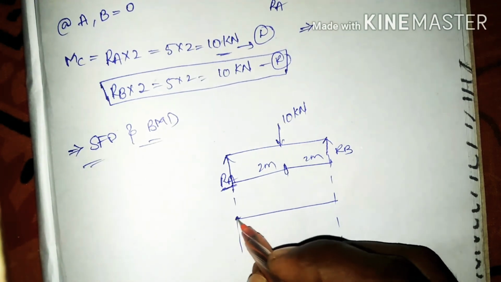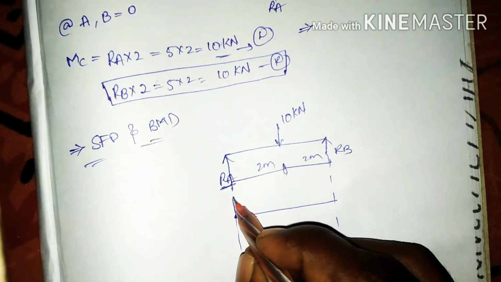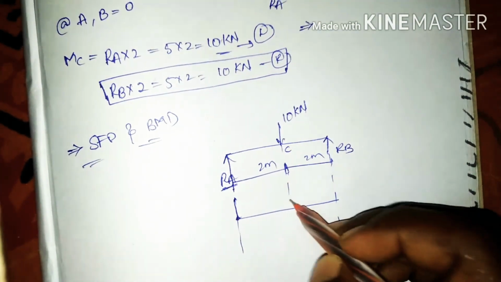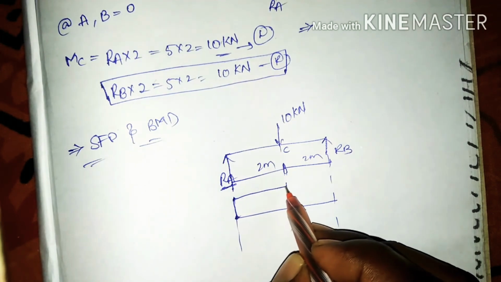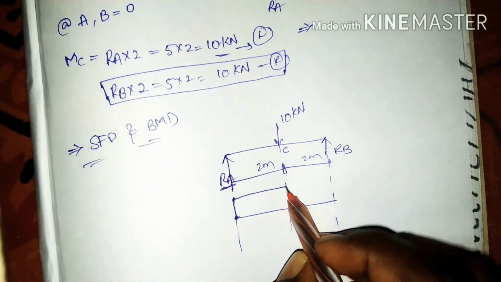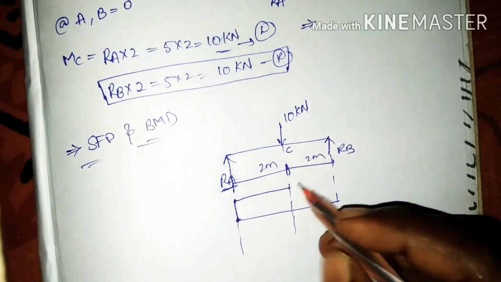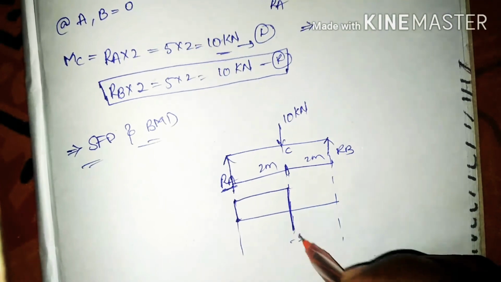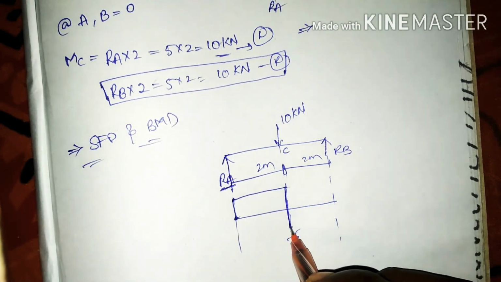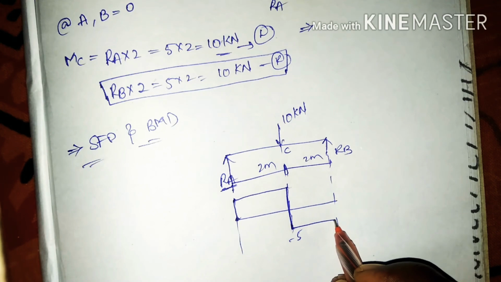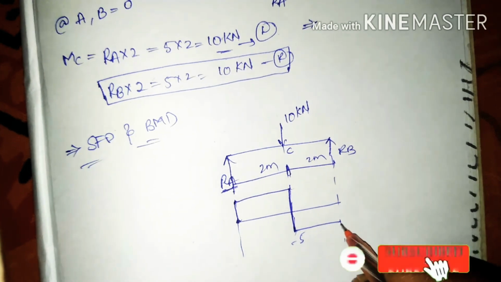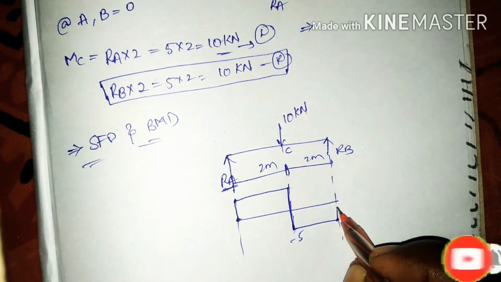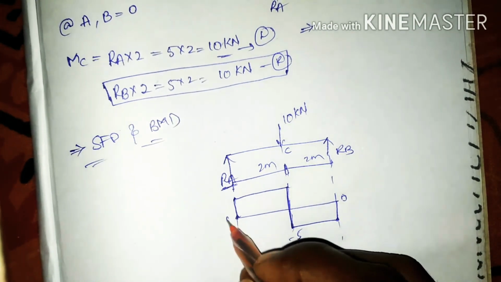The value of RA is 5 kilonewtons, in the positive direction, and up to the left of C, we continue with the same 5. After the right of C, I get minus 5, and continue with minus 5 up to the left of B. Thereafter, after the right of B, we have a positive 5, which goes to the reference line, that is 0.